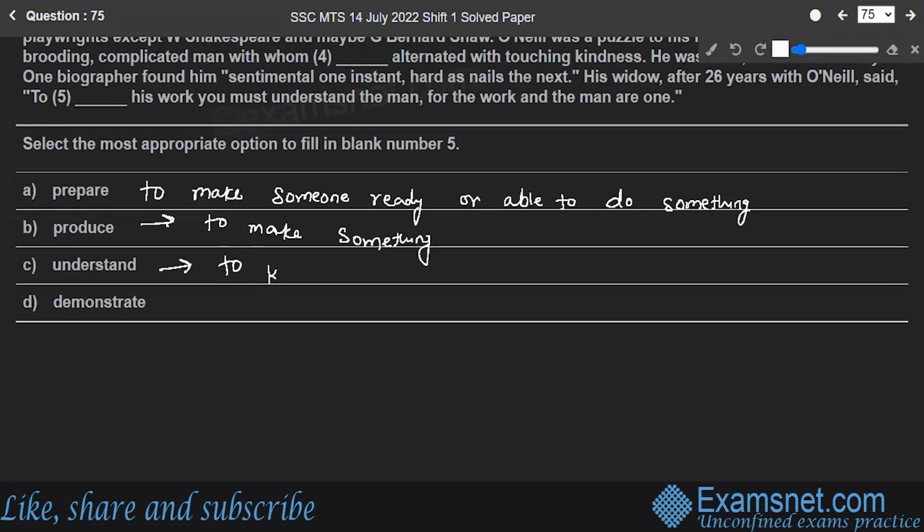Understand means to know the meaning of something. Then is the word demonstrate. It means to make evident or to establish by arguments or reasoning.